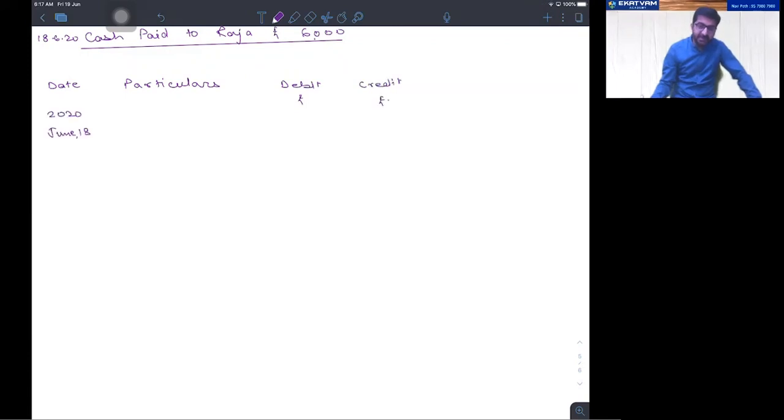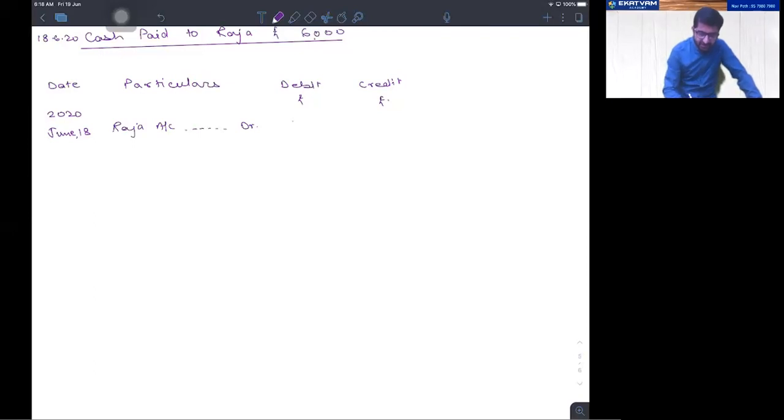Sir, can I write 18th June 2020? Yes. There are multiple formats which we can follow for the purpose of recording the transactions. Whenever we are writing the entry in the journal, we first write the account to be debited. So we will write Raja account, and identify that it is debited. Dr. means debit record.